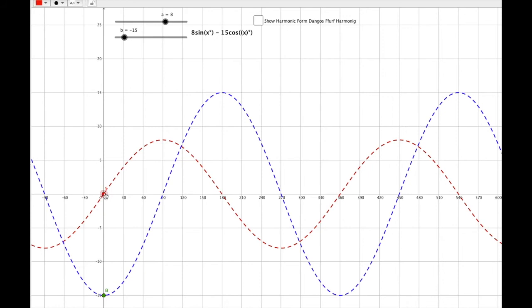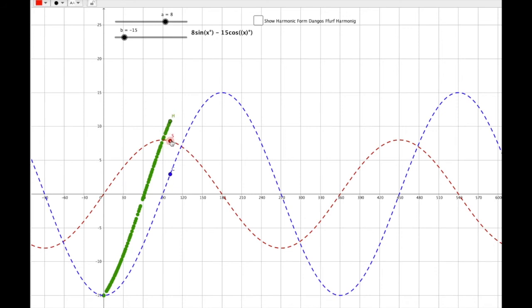So let's have a look at what happens. Up it goes to there, and now at this point the cos curve is increasing rapidly, whereas the sine one is decreasing relatively slowly. So the green curve will carry on going up. Around here the sine is decreasing more quickly than the cos is increasing, so this will come across.